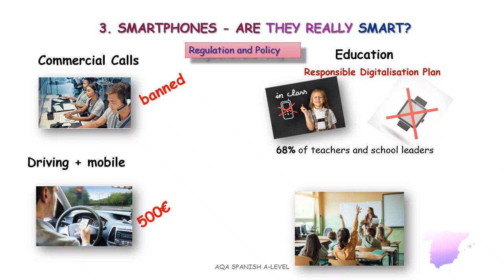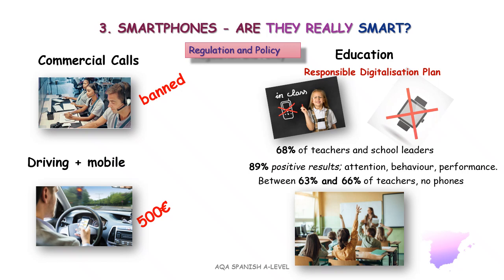68% of teachers and school leaders support a total ban of mobile phones in secondary education. 89% say the current restrictions have already had positive results in attention, behavior, and academic performance.